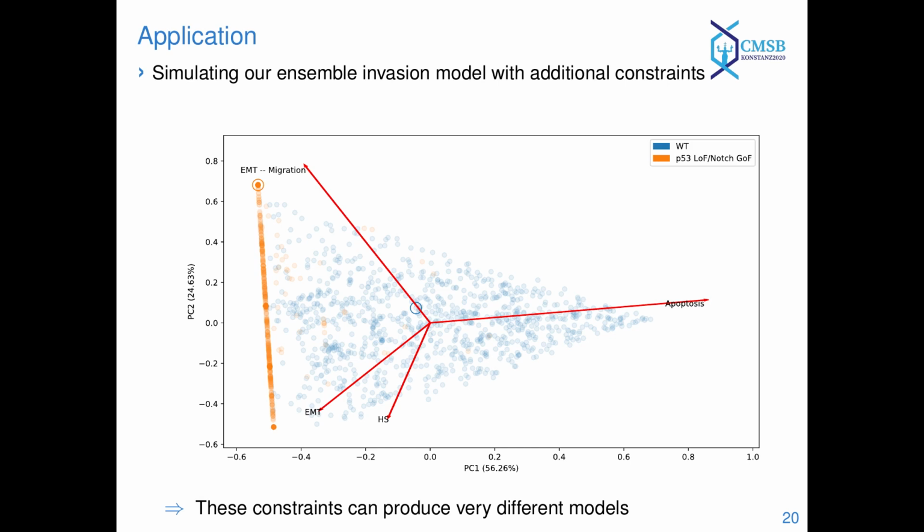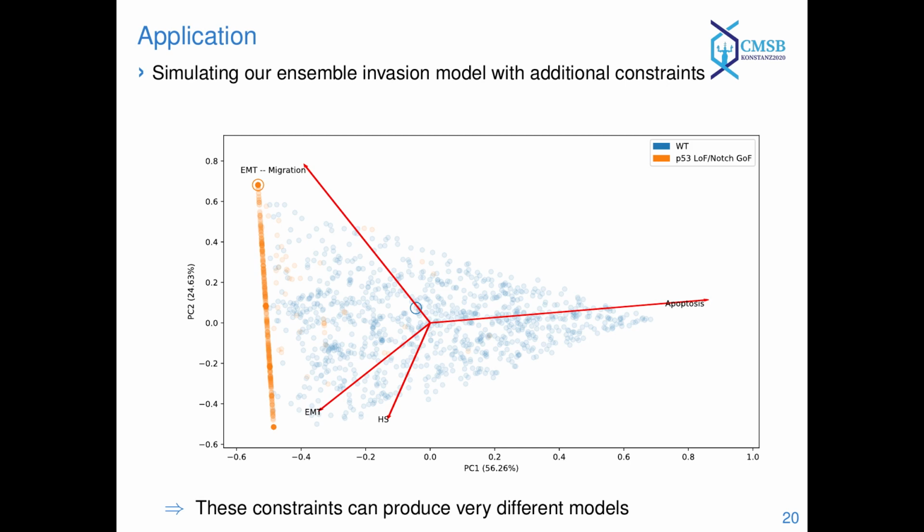This orange line basically signifies that you have a lot less apoptosis, or most likely no apoptosis at all, and that the steady state distribution is mostly of models which are split between either EMT plus migration or EMT alone. And you can see that you have a diversity of distribution of balance between these two phenotypes.